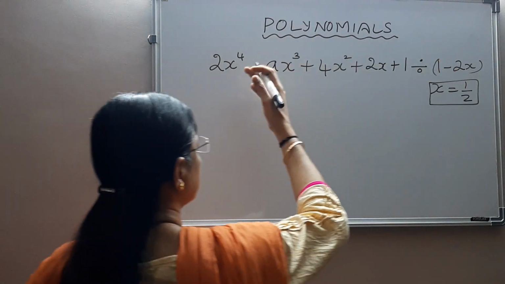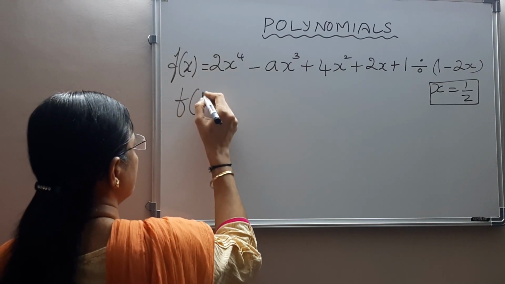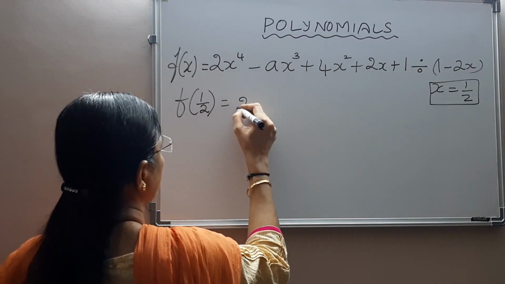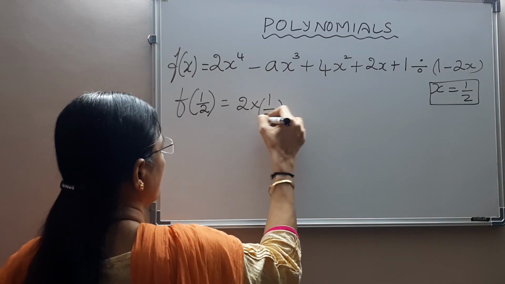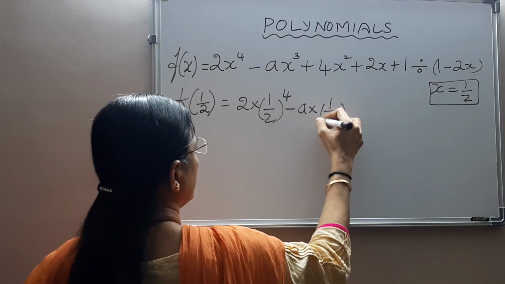So now, if this is taken as f of x, I need to substitute 1 by 2 in x, that is f of 1 by 2 is equal to 2 into 1 by 2 the whole power 4 minus a into 1 by 2 the whole cube.